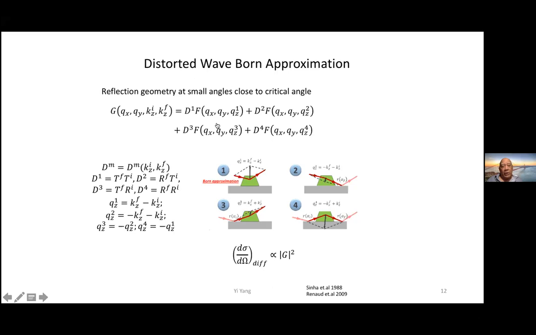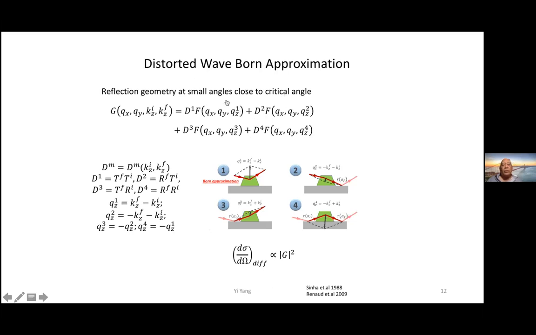And the DWBA has nothing to say about the QX, QY part. Well, I should take that back, because these interference processes could affect that. And then the intensity is the modulus squared of the sum of these 4 terms. So again, you don't have the phase of this amplitude.